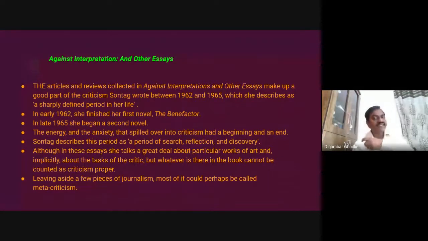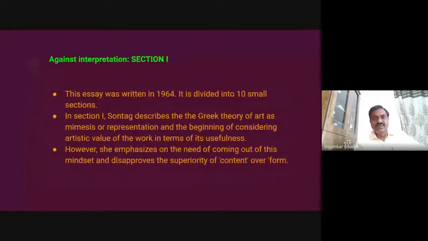This essay is taken from a collection of essays, the book Against Interpretation and Other Essays. Now, in this lecture, we shall be talking about Against Interpretation, the title essay from this collection.